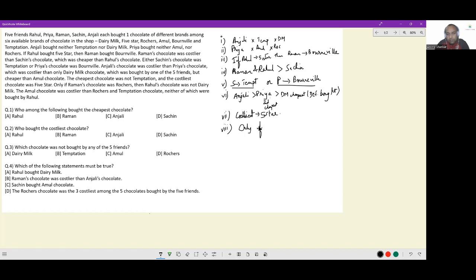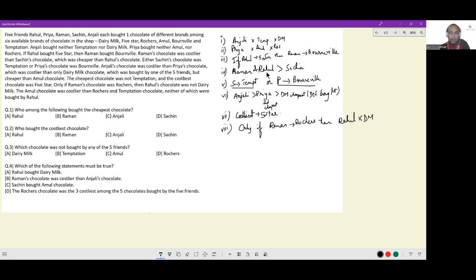Only if Raman was Rochers, then Rahul does not have Dairy Milk. Now, this is a beautiful point because I know Rahul cannot be Dairy Milk.